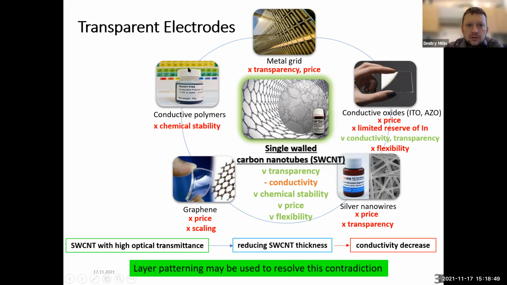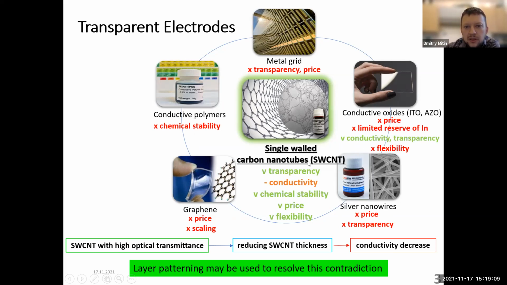Also used are some new materials such as conductive polymers, graphene, and silver nanowires. But all of these electrodes have some disadvantages, which you can see on the screen.